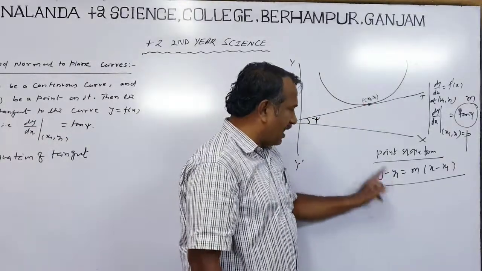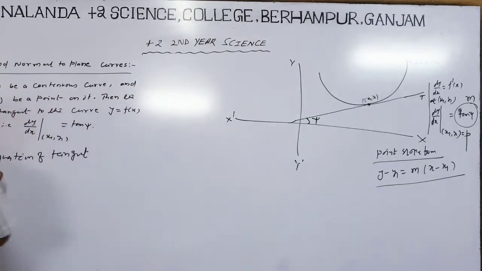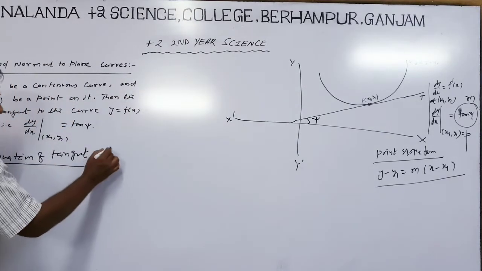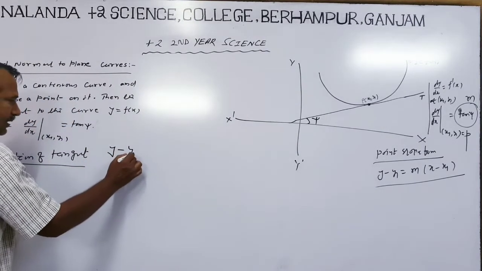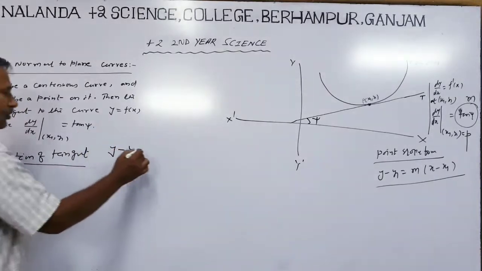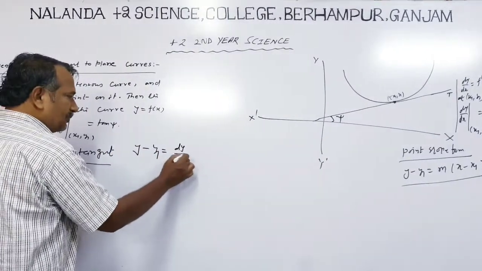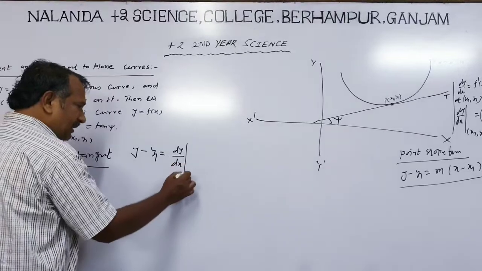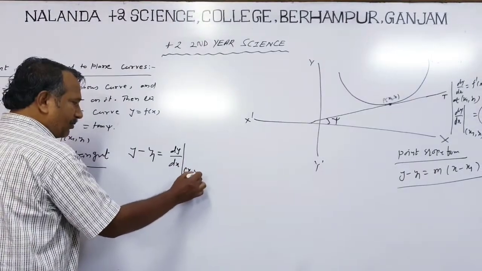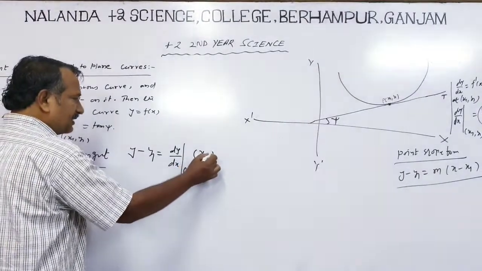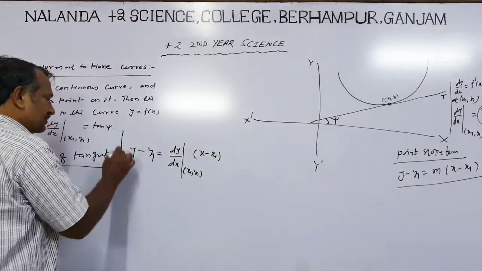Now use this formula. So equation of tangent: y minus y1, here m equal to dy by dx at the point x1, y1, into x minus x1. This is the equation of tangent.